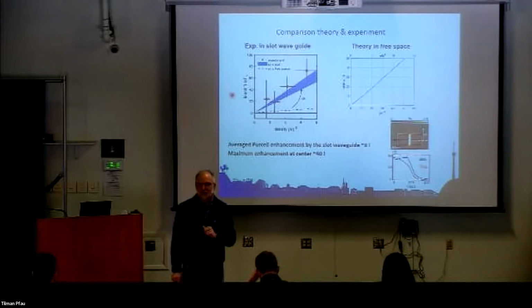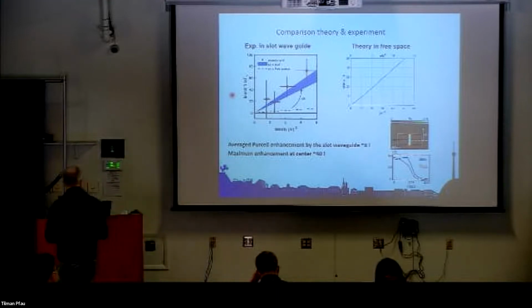So it's not a single photon nonlinearity yet, but we are just about 1 or 2 orders of magnitude away. And now if we increase the density by 1 or 2 orders of magnitude, then we would be there. So how can we do that?